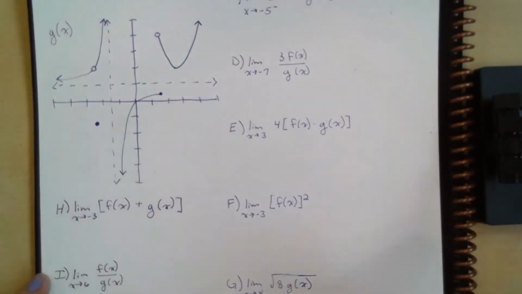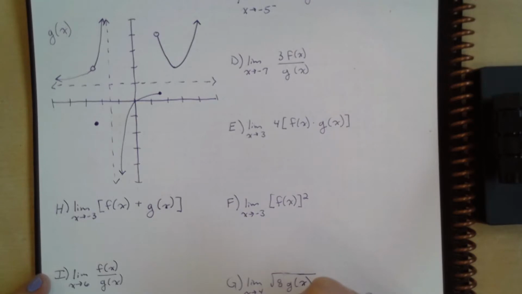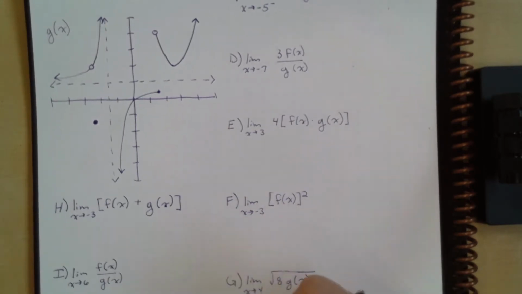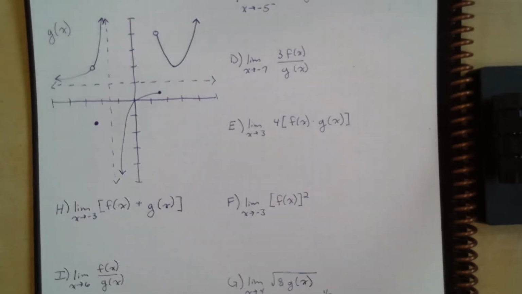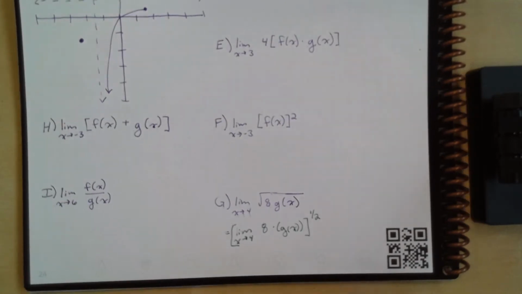Okay? So this is going to be the limit as, well, actually I'm going to rewrite this. The limit as x approaches 4 of 8 times g of x, and all of that to the 1/2 power. You don't have this in frame here, but now you can see it.